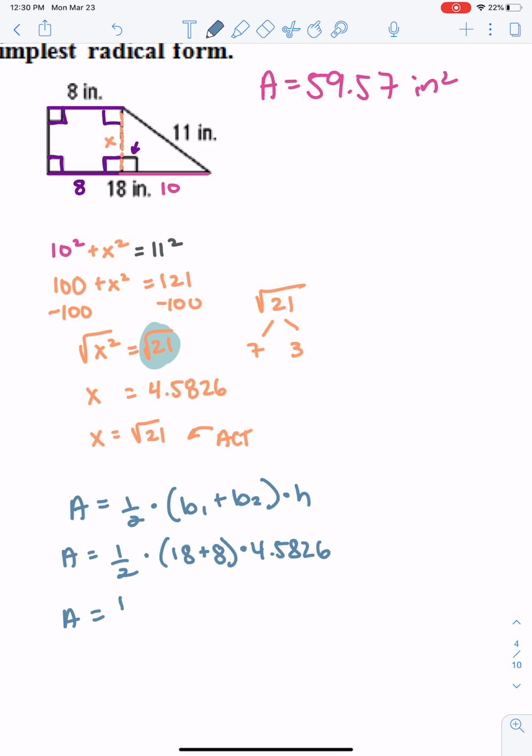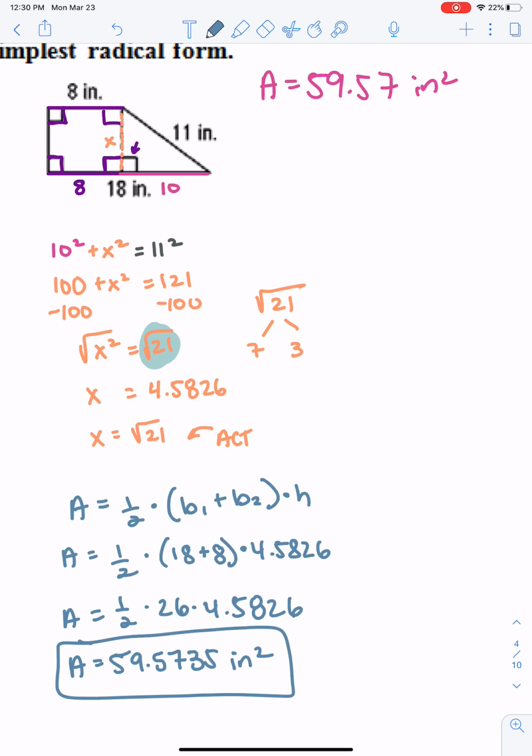This would be 26. And I would type that all in my calculator, and I would get the area to be 59.5735 inches squared, which is what I got.